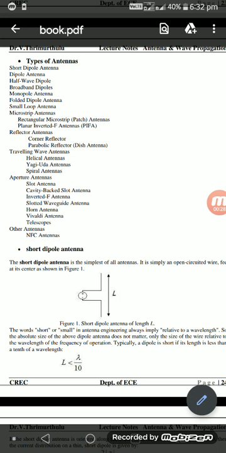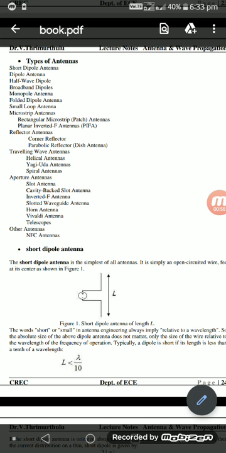First, short dipole antenna, half wave dipole antenna, broadband dipole antenna, monopole antenna, folded dipole antennas, small loop antenna, microstrip antennas, rectangular microstrip antennas. Microstrip antennas are of two types: rectangular microstrip antennas and planar inverted F antennas.